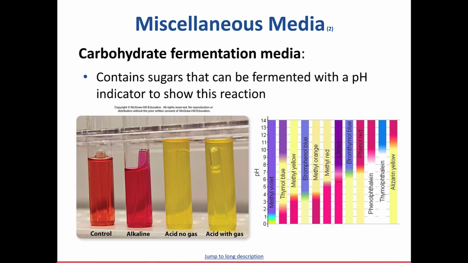So carbohydrate fermentation media is a very standard thing that we use. The sugars can ferment. Now, all that means, and we're going to talk about this, enzymatic pathways. Eventually we're going to talk about bacteria and how they break down certain things, and in the process of breaking it down, it provides a smaller or more useful product that they can use to build their infrastructure, or to do whatever it is that bacteria want to do.